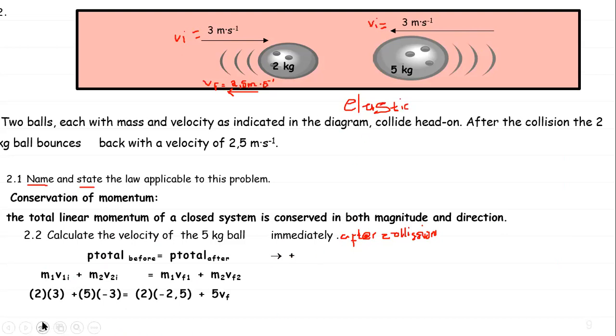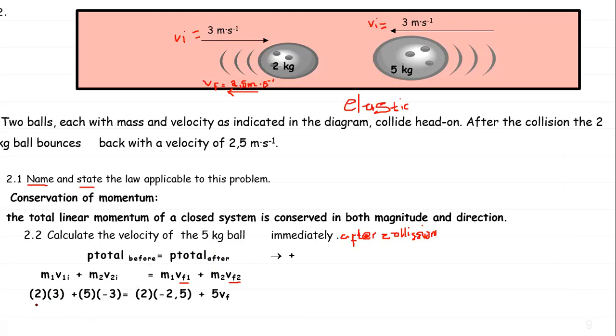Right, what does this mean? The total linear momentum before the collision is that after the collision, we break it down into formulae. So the velocities there are going to be separate velocities, right? We won't take out the common factor because the two balls separated after the collision.